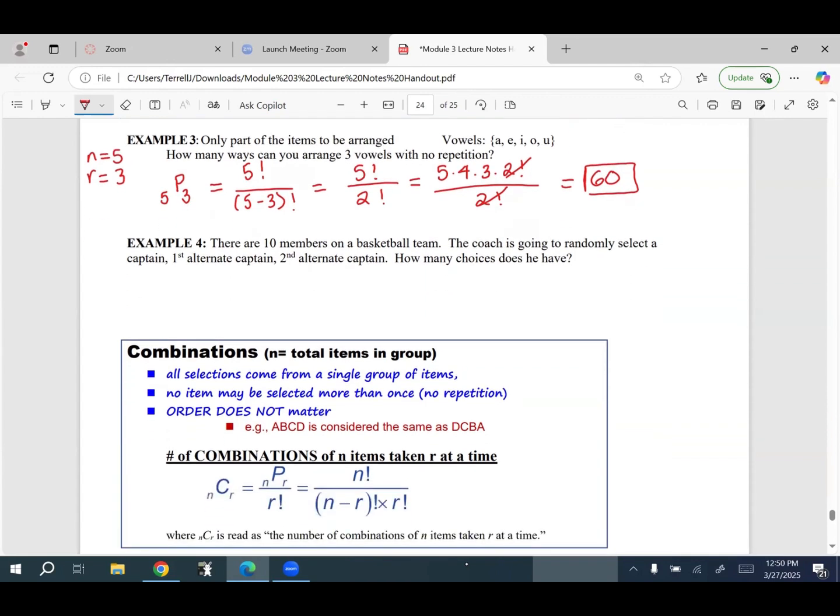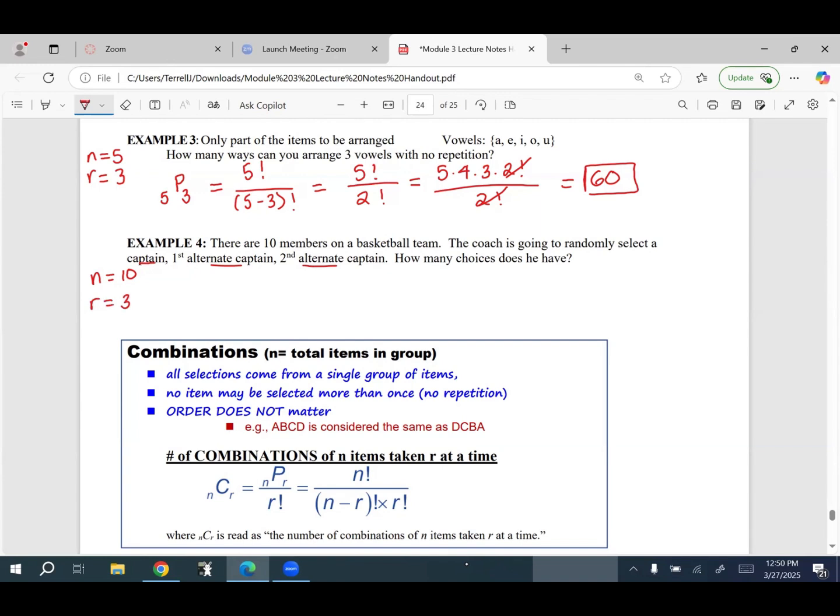Then I identify what's my N and what's my R. My N is 10 members total, and we are selecting captain, first alternate captain, second alternate captain. So we are selecting 3 positions.